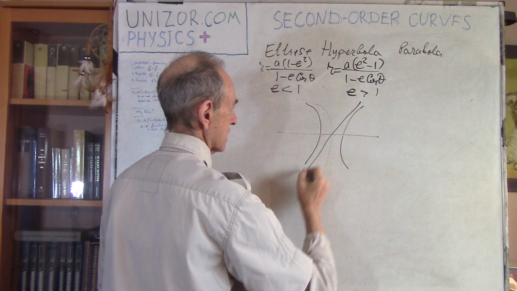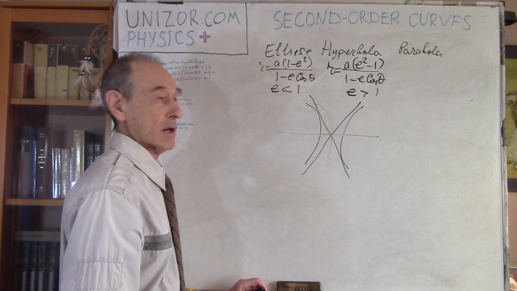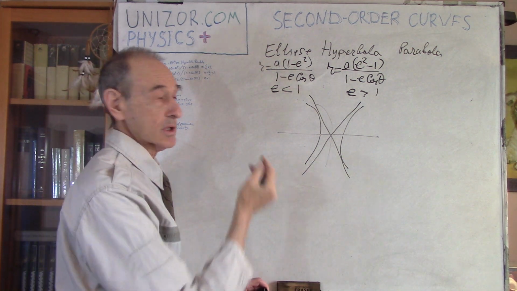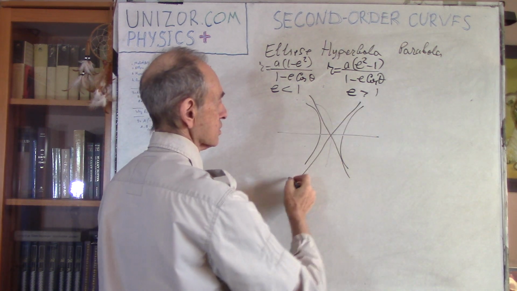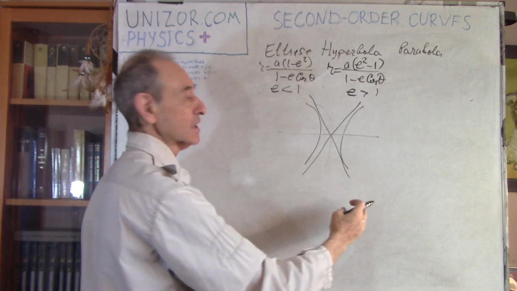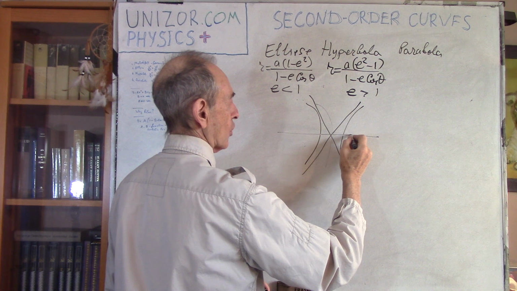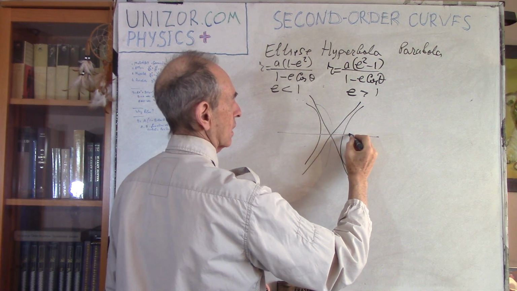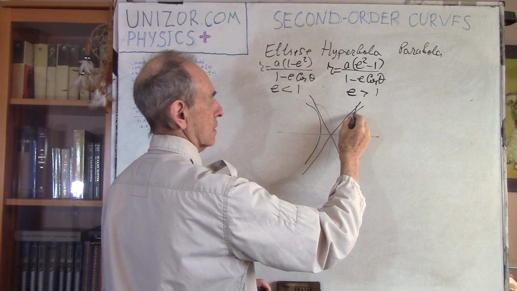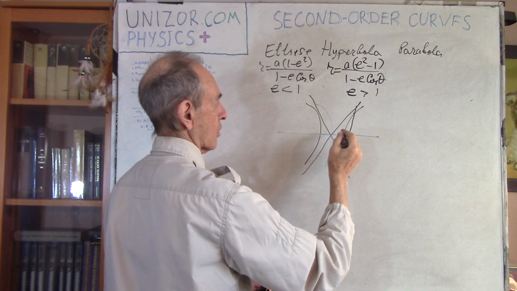it has asymptotes. And again, asymptotes are addressed in Math+ when I was talking about the hyperbola. Basically, they are straight lines to which the hyperbola becomes infinitesimally close. But if you go from the focus in this direction, it will cross the hyperbola, so r would be something normal.